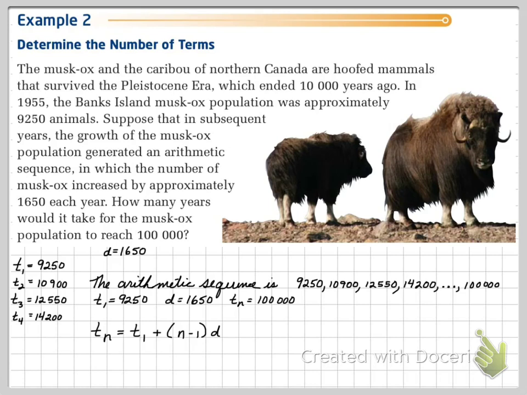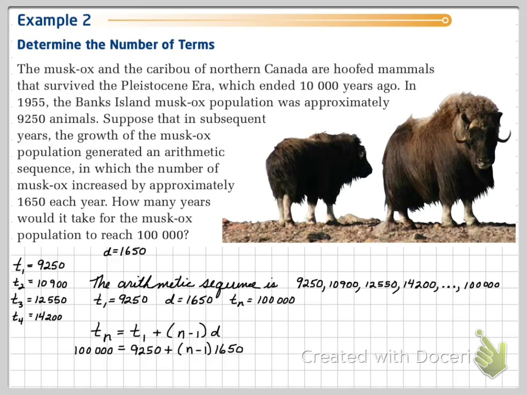So what we want to do is plug all the numbers in and solve for n. So we can say Tn is 100,000, that's the last term, equals the first term, 9,250, plus n minus 1 times the common difference of 1650.